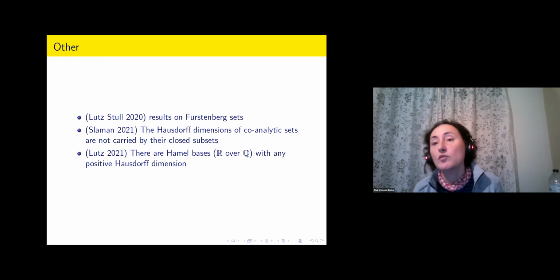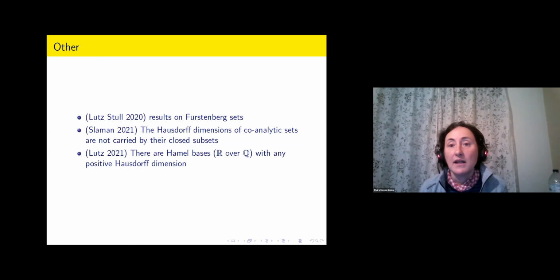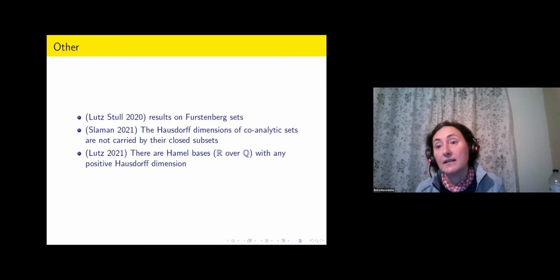There were quite a few more applications. I don't know, probably they are not all here, but for instance, Lutz and Stull have worked on Furstenberg sets. Ted Slaman, I don't know if he's written this, but he had a very elegant proof on how the capacitability of dimension, that is the fact that the dimension of analytic sets is represented by their compact subsets, okay?